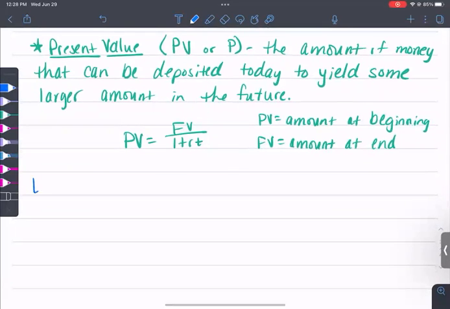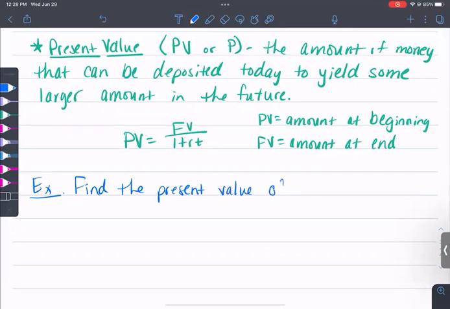So before we go into our last word problem, just to give you an example, you could be asked to find the present value of $100,000 in 37 days at 8% interest.